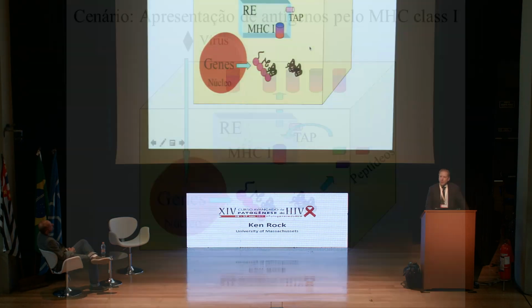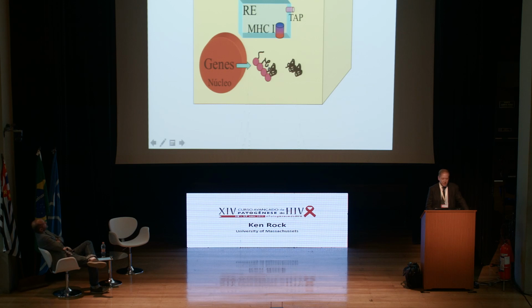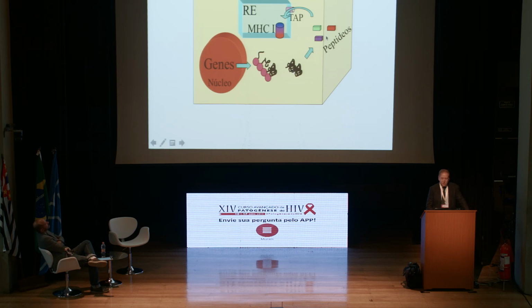So the basic pathway I've illustrated here in this cartoon is that all cells express a subset of their genes and transcribe and translate those into proteins. All proteins in cells are turned over, and as an intermediate in that process, one generates oligopeptides.